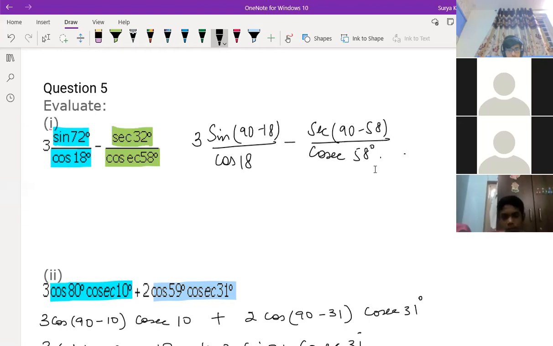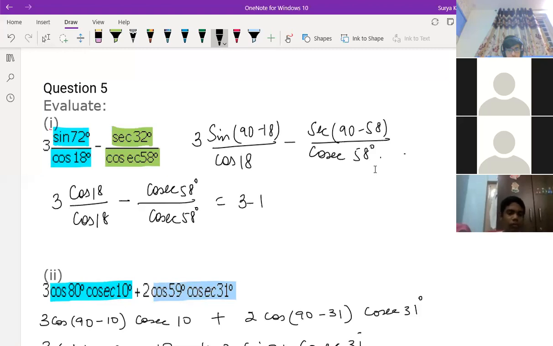You can change the numerator only, or the denominator if you want, the answer will not come different. Sin(90 minus theta) is cos theta divided by cos theta. Again minus sec(90 minus theta) is cosec 58 degree divided by cosec 58. So the answer is 3 minus 1, that is 2. Is it clear to everyone?